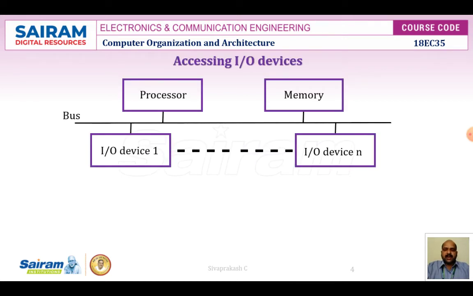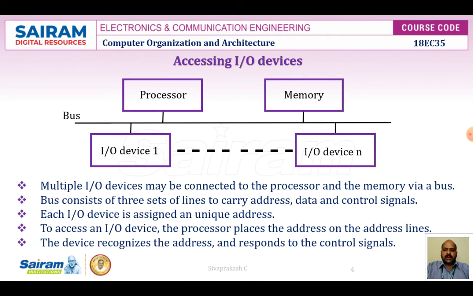Let us see a simplified diagram which specifies clearly this architecture. It consists of a processor, a memory, and multiple IO devices, all connected through a bus. There are two ways to deal with IO devices: memory mapped IO or IO mapped IO.